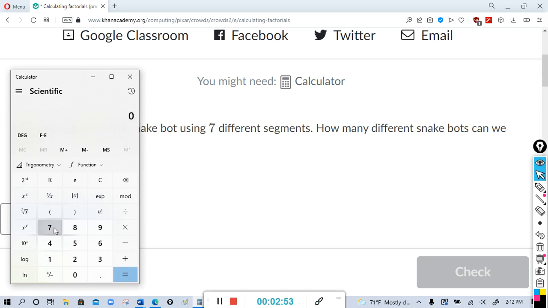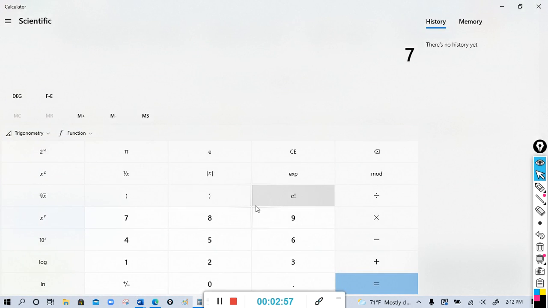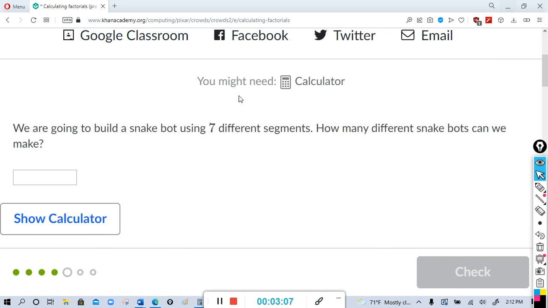That's going to be 7. Then I'm going to click the factorial button right here. In case you can't see it, it's N with an exclamation mark. So I click that, and it's 5,040. So that's your answer. Click in the box, 5,040.